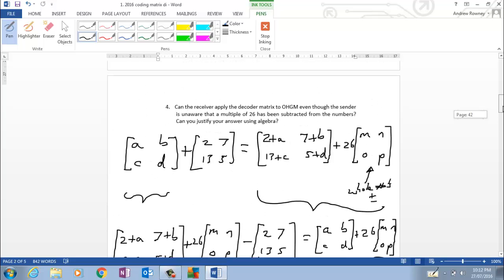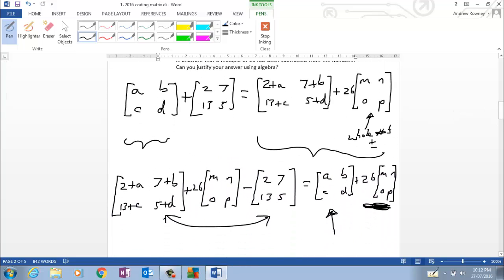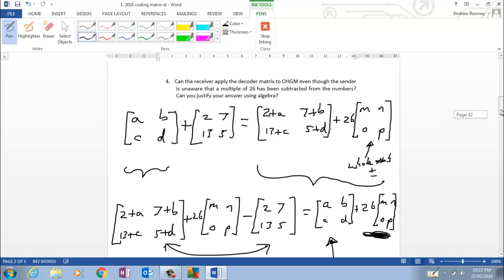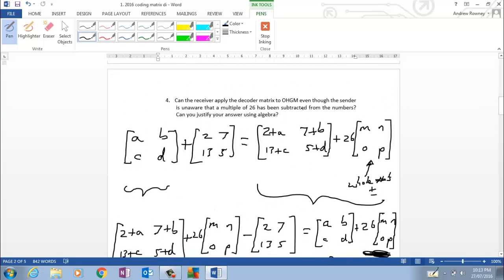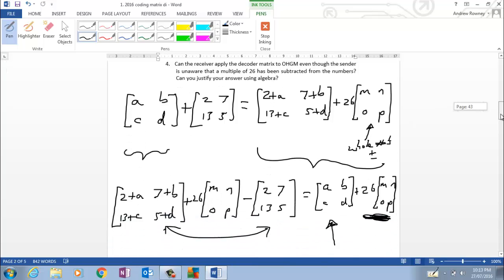Now you have to put that in words rather than just put all that there in the assignment. It doesn't make sense otherwise. You have to logically go through that to explain how subtracting n is going to work every time, even though a multiple of 26 has been added and the sender doesn't know which 26 has been added to it or subtracted from it.